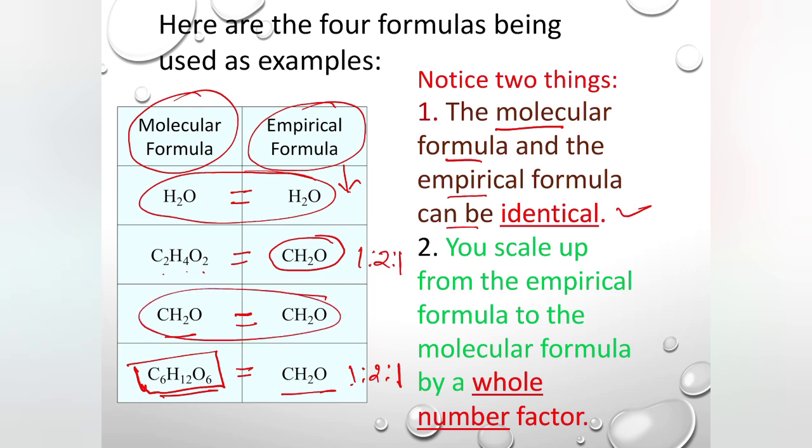We can scale up the empirical formula to a molecular formula by multiplying by a simple whole number factor. In this example, if we multiply this ratio by 6, then we can obtain the formula of glucose.